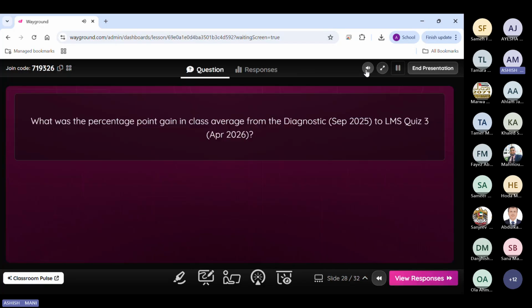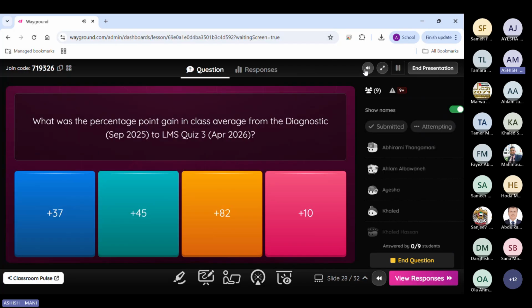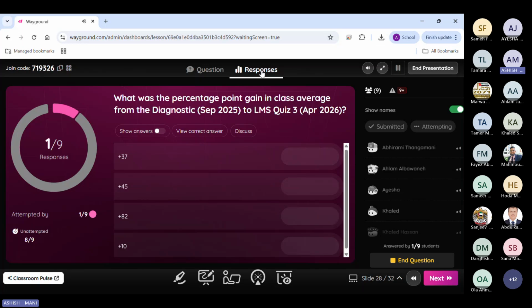Now, this is the last question, I hope. In the last slide, what is the percentage gain? I hope that everyone has seen that percentage gain. This is about how attentive teachers are in the presentation.